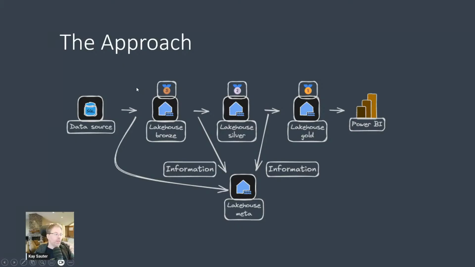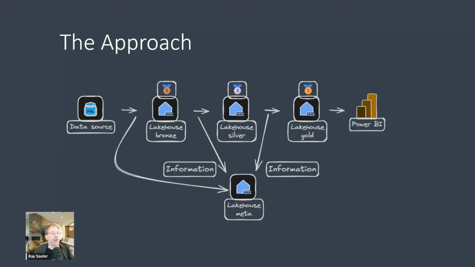So if you, for example, have a bigger solution, it can be helpful that you have a clear idea on how you want to approach this. There is also a possibility, by the way, to have more stages than just 3. Some people say, okay, we need maybe 4 or even 5 layers, but generally don't overdo it.